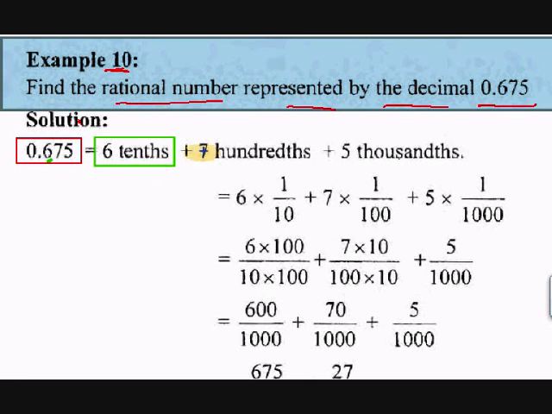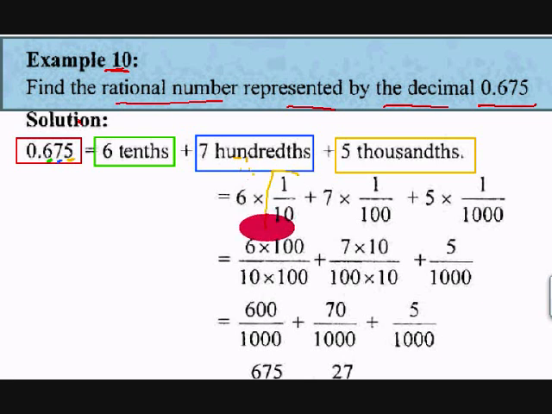This is the hundredths position, we got 7 hundredths. This is the thousandths position, we got 5 thousandths. Tenths means 1 by 10, hundredths is 1 by 100, and thousandths is 1 by 1000.